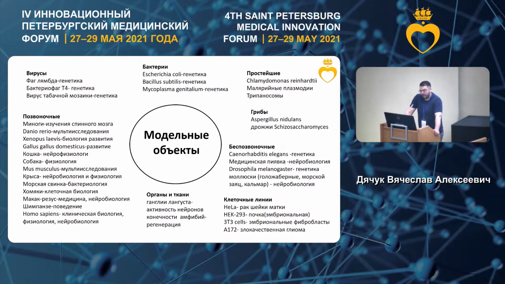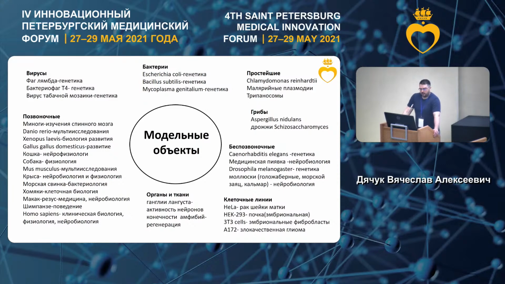Mainly, these are model systems in neurobiology. When you have a simple nervous system, it is easier to understand and to study the central nervous system of vertebrates and humans. Therefore, scientists are using simple model objects to understand how neurons appear, differentiate, and how they contact each other in these model systems.